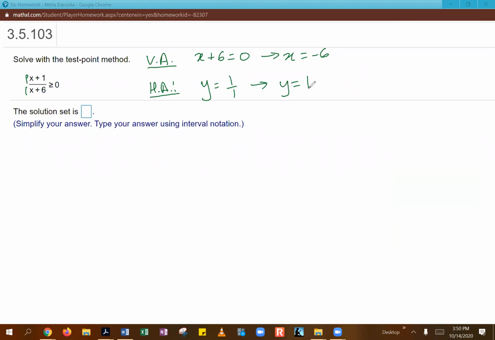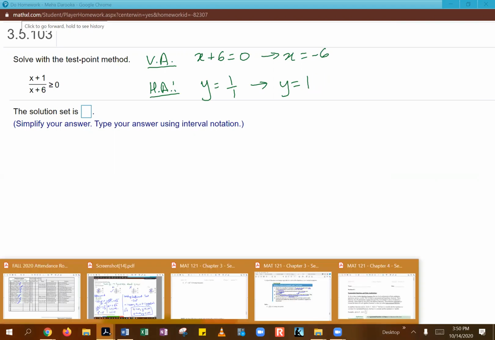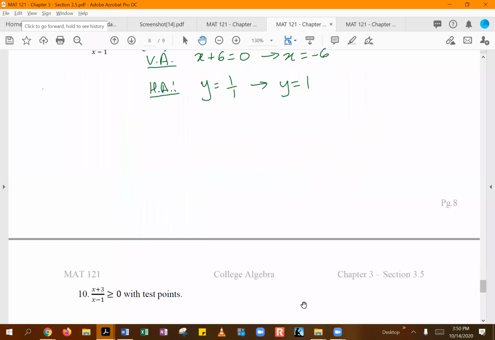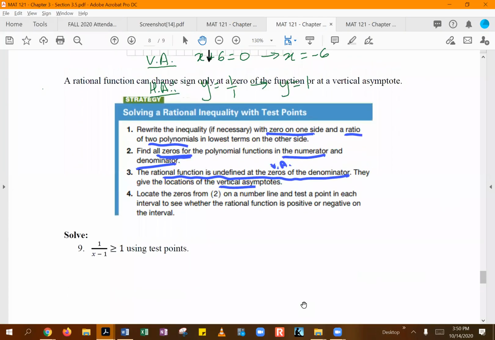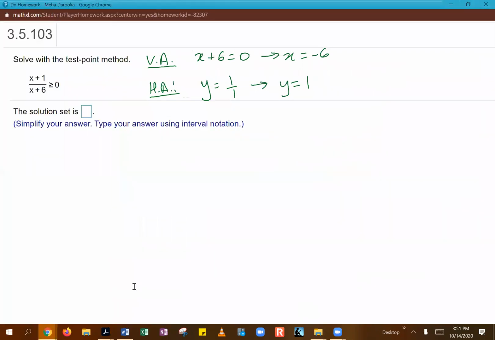Now let me show you what happens when you try to find your zeros. So remember what they told us here. For the test point method, find the zeros of your denominator and the numerator. So that's the part we are going to be looking at. You take your expression on the top, set it equal to 0.